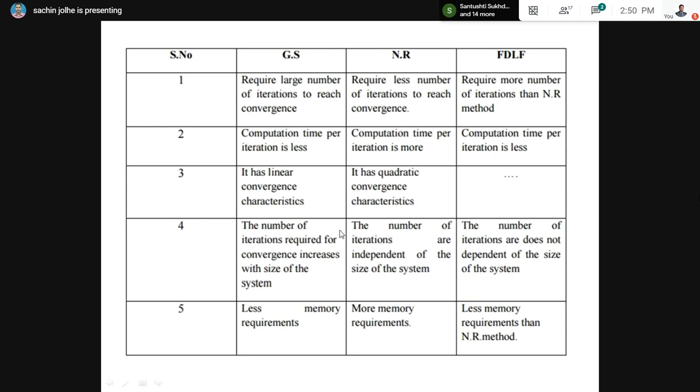This is the most advantageous part of this system. Gauss-Seidel requires very little memory of the computer and calculating devices. More memory is required in the Newton-Raphson method, and in the fast decoupled method you will find less memory is required than in the Newton-Raphson method.